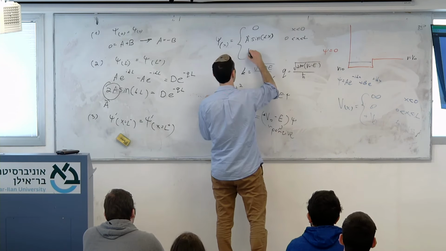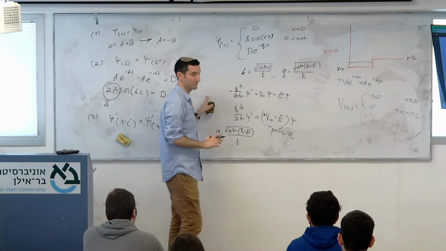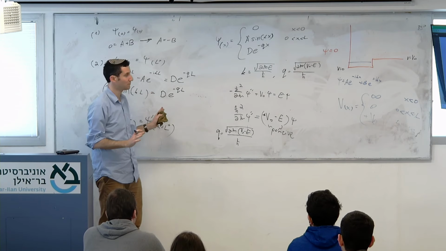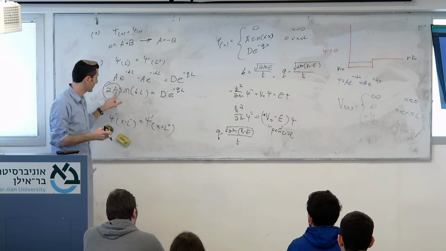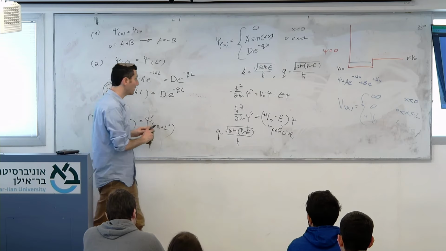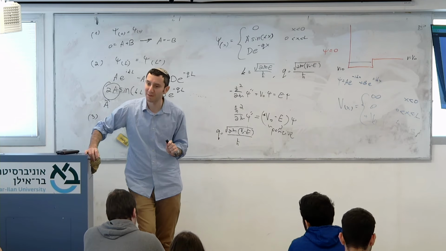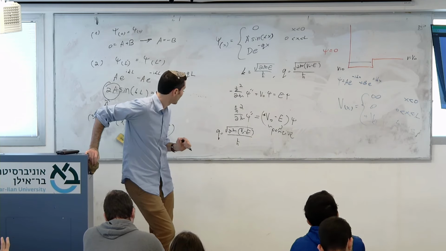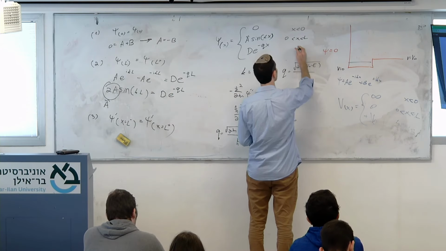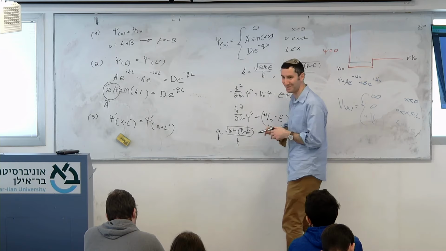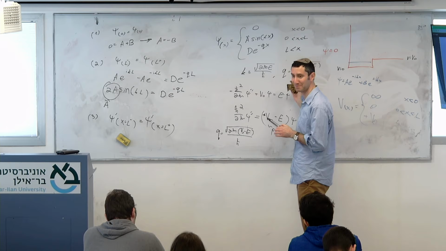And here I got D e to the minus qx. Of course, I allow myself to let A tilde swallow the 2, the A, and the i. The last one is when x is bigger than L: this is D e to the minus qx. You happy now? Good.